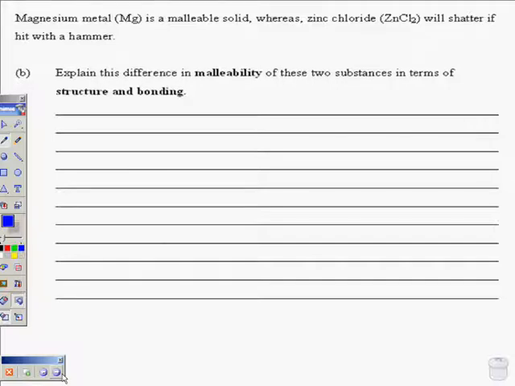how do we go about answering a question like this? Well, if you're familiar with that table that we've just filled in, and you're quite familiar with the triangle, then we should be able to go round the triangle, starting with the particles, then the forces, and then some statement about the properties.